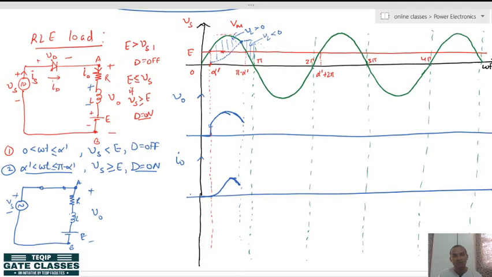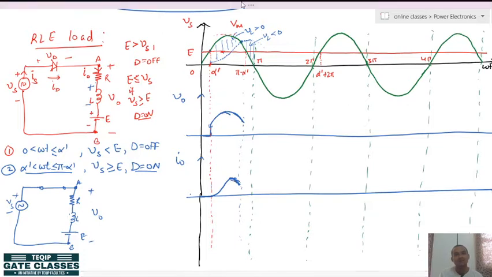Since at pi minus alpha dash the inductor has some stored energy and has not discharged fully, it will not allow the diode to become reverse biased due to E. Because current is flowing, due to the high L di by dt, the diode will remain turned on even after pi minus alpha dash, forced by the inductor.